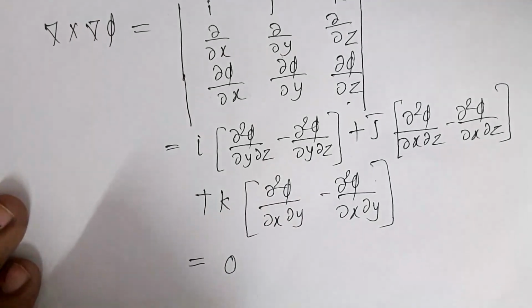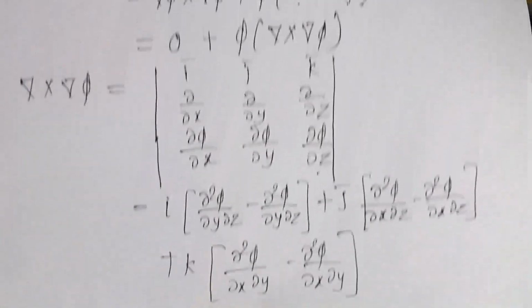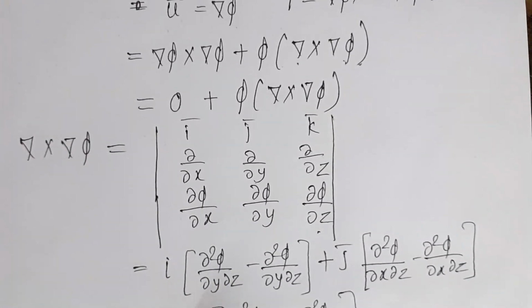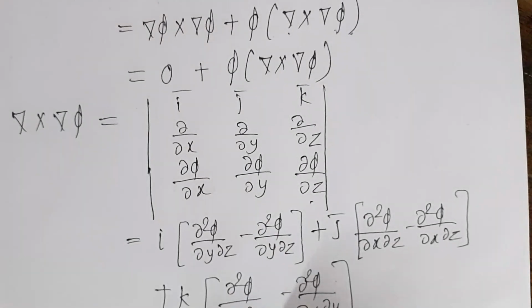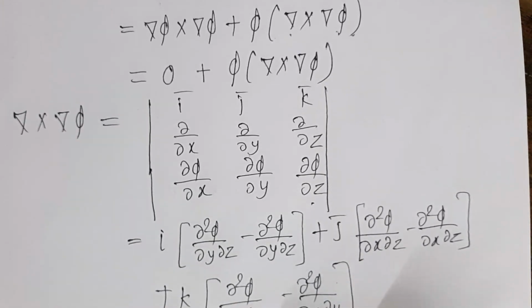So what is our LHS? LHS is equal to integral over C of phi del phi dot dr bar, and this is equal to integral over C of the remaining term, phi del cross del phi.